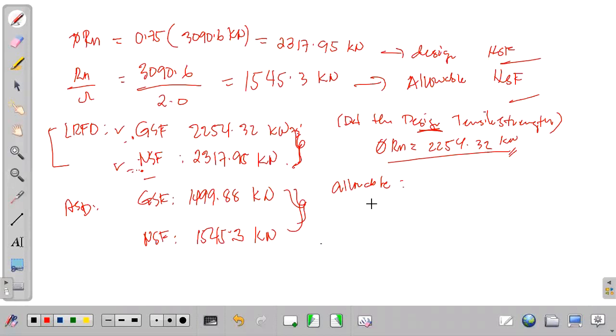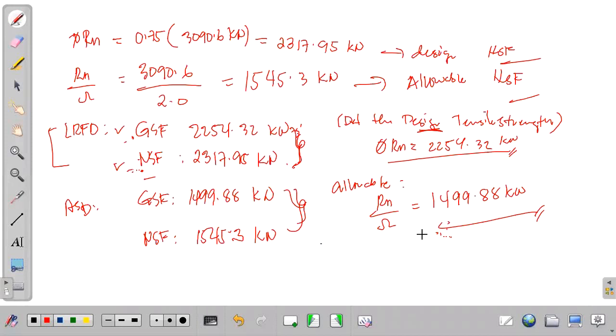Okay, so for the allowable tensile strength, the value of 1499.88 kilonewton will govern. So ito na yung magiging allowable tensile strength natin. Okay, so the lower value that will govern.